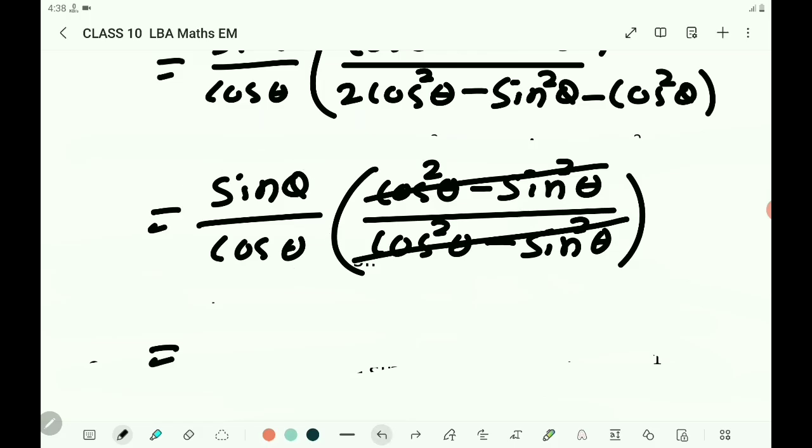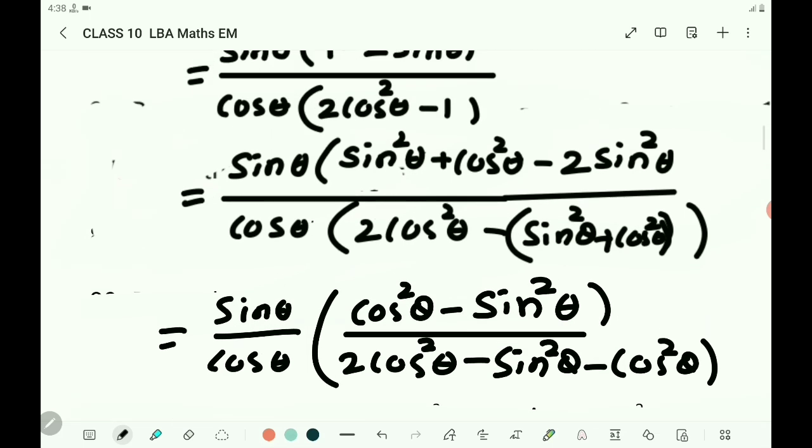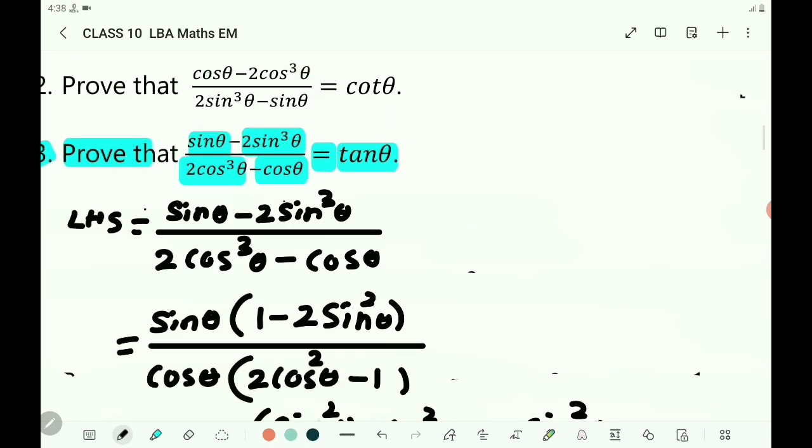Sin by cos is tan, sin theta by cos theta is tan theta, which is equal to RHS. Therefore, we write that sin theta minus 2 sin cube theta by 2 cos cube theta minus cos theta is equal to tan theta.